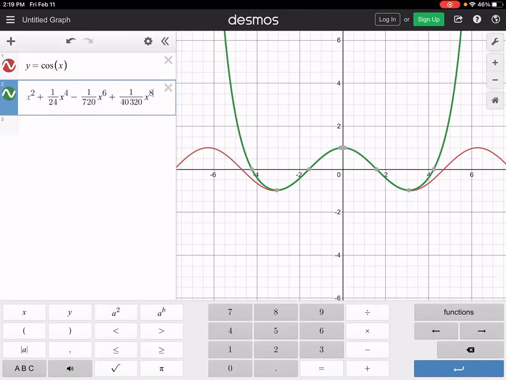And we can keep doing this, and it's just going to get closer and closer and closer the further we go out. One more? Okay, I need 10 factorial. 3,628,800.